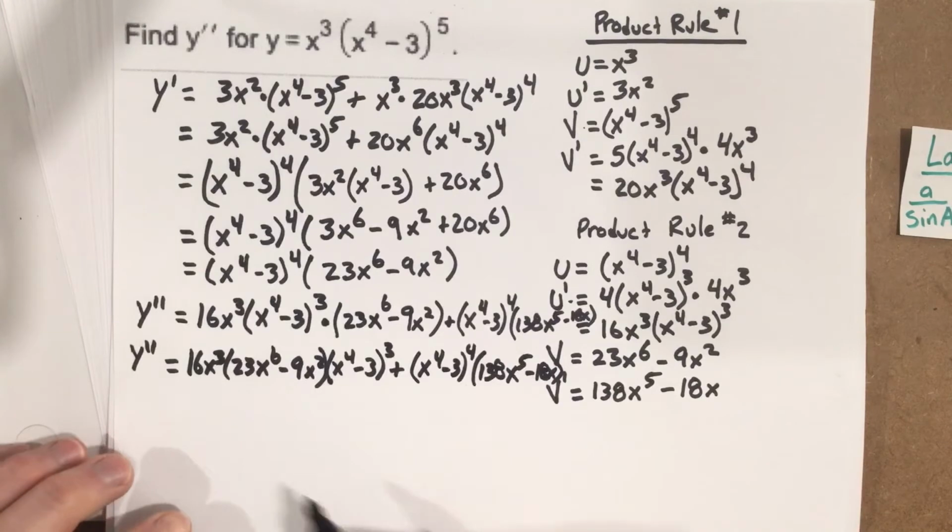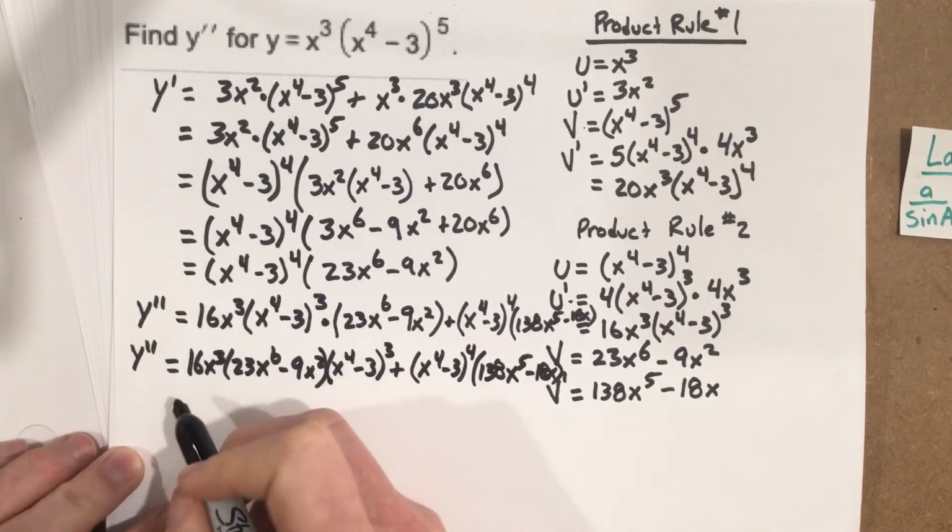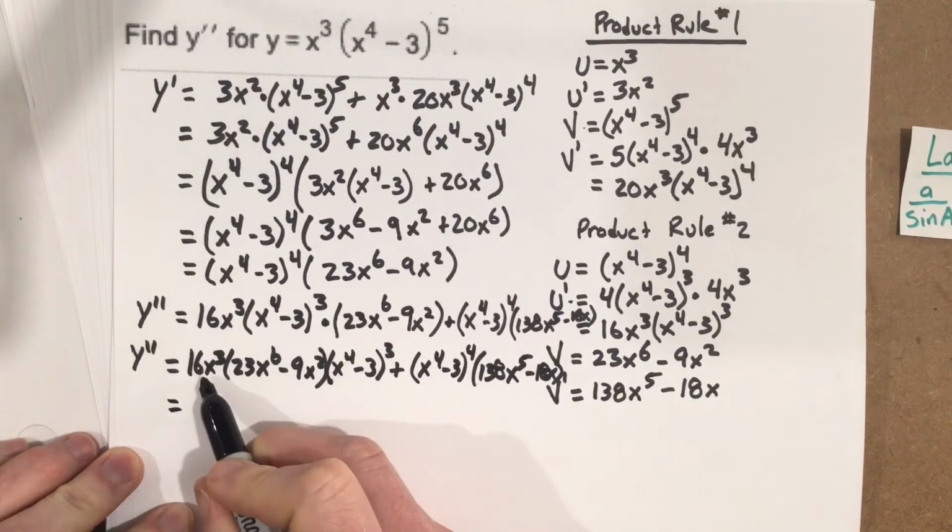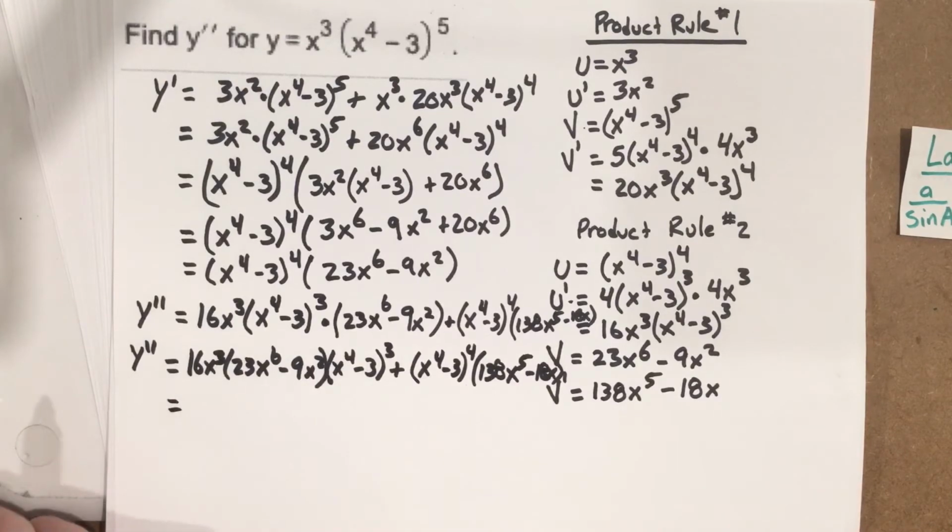So now we're going to do some distributing here. We're going to say that is equal to, let's do 16 times 23, 368.